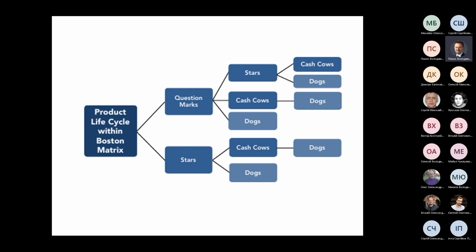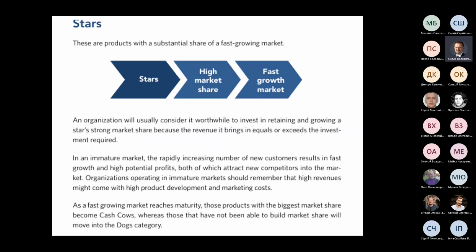Maybe it will be in 1 year, maybe in 10 years, maybe in 50 years. But anyway, any market will have the last stage. The stars means that we have to support this business. And I told you that if you are not supporting this business, it will become a dog.